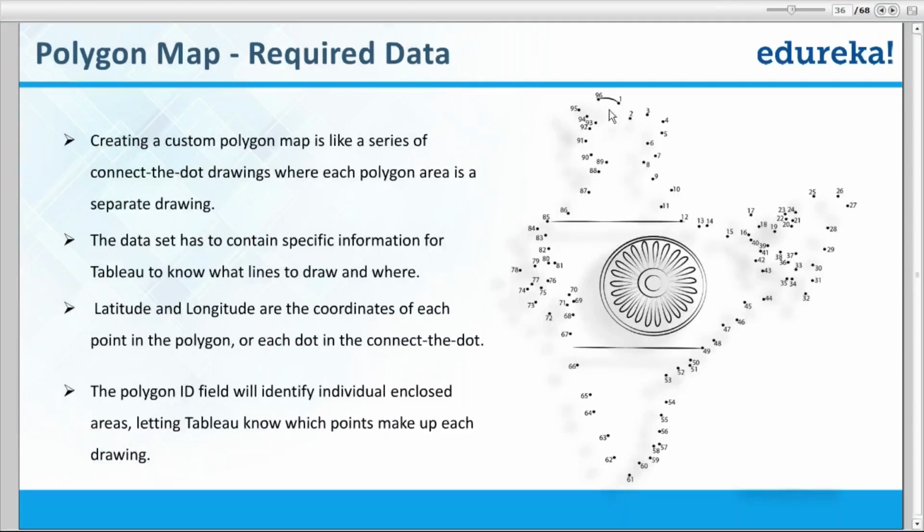I need to tell Tableau to connect from this latitude, this longitude, this point to this latitude, this longitude, this point. Like that I need to say the connection from where to where it needs to connect.